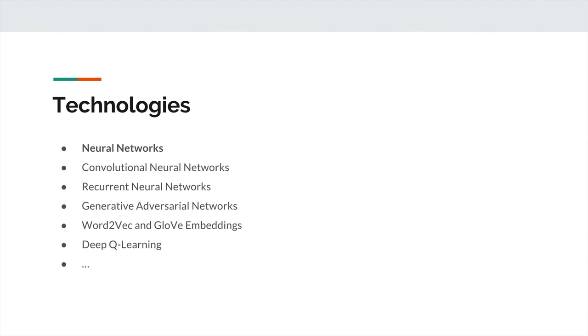There are a lot of technologies going on, but all of them center around the concept of neural networks. If you have a really good understanding of neural networks, you can gain a cursory understanding of the other kinds of networks fairly easily, because they all rely on similar principles.